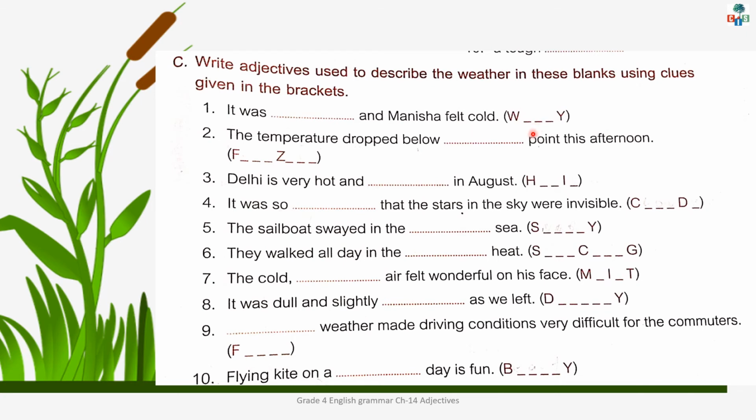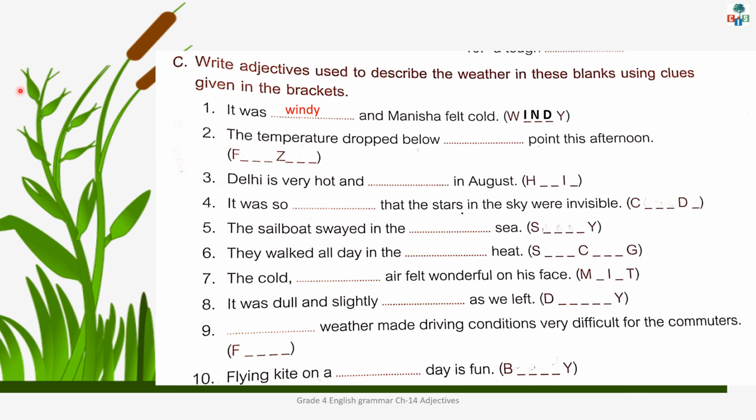You have to fill the missing letters also, and this adjective starts with letter W and ends with letter Y. So the word is windy. It was windy and Manisha felt cold. So try to get these words which describe the weather.